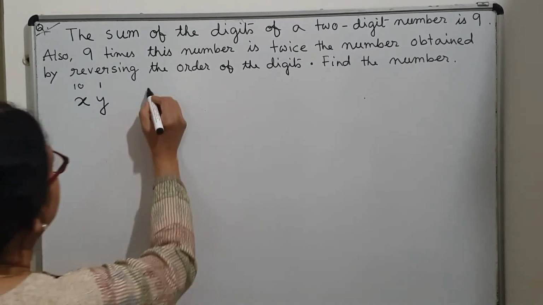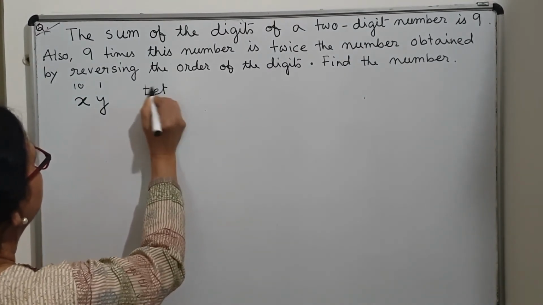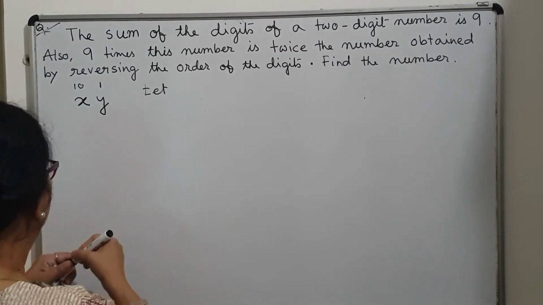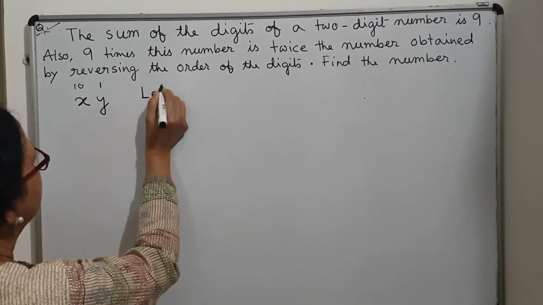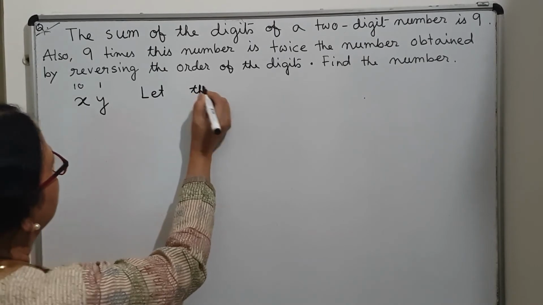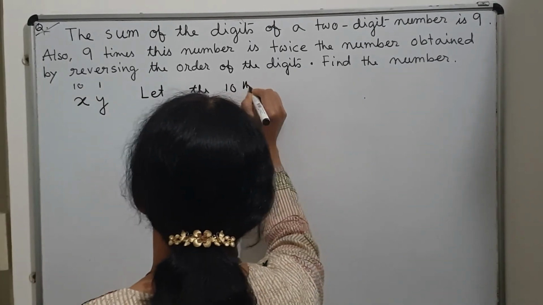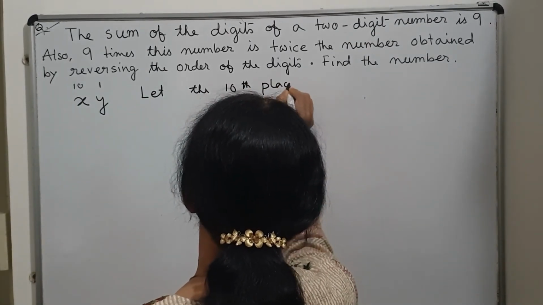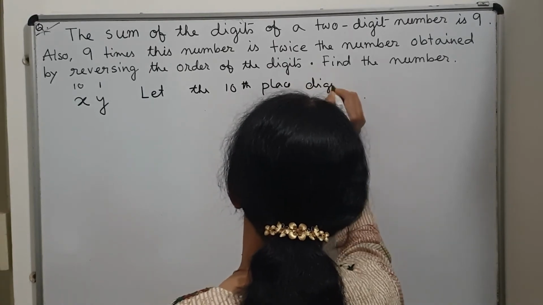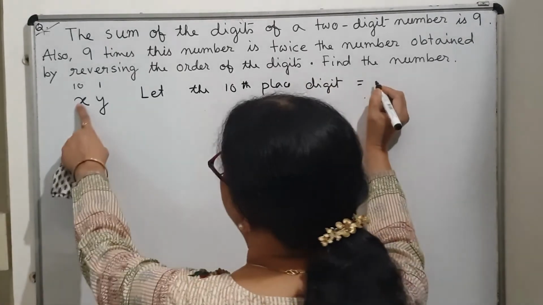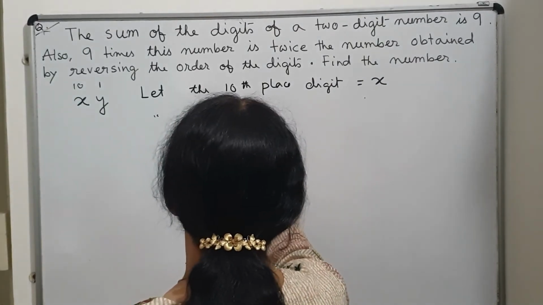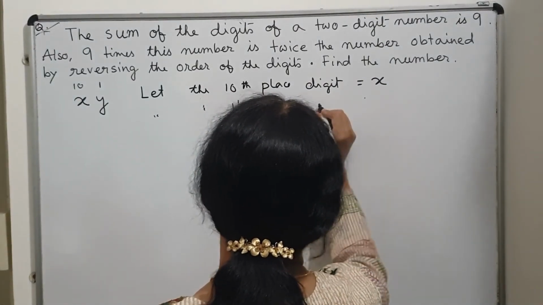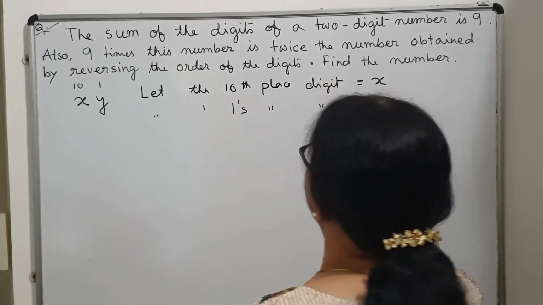What do we write? Let the tenth place digit be x, I have taken x here, and let the ones place digit be y.